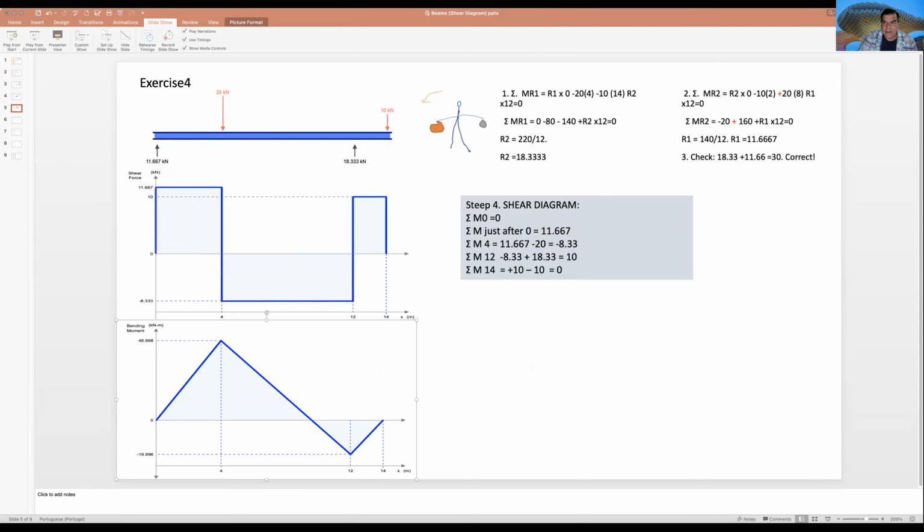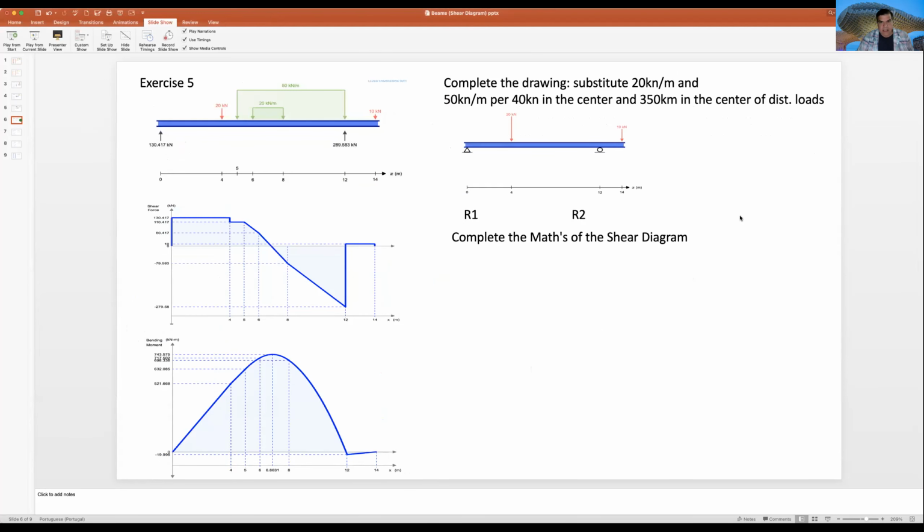Let's go to the next one. The next one is 5. You will do the math by yourself, but I will explain how it is. Again, remember, in this particular exercise, last week, you substituted the 20 by a force of 20 multiplied by 2, that's 40.